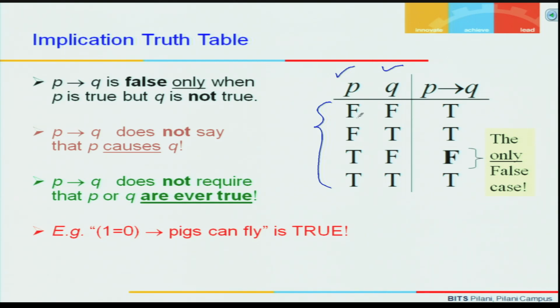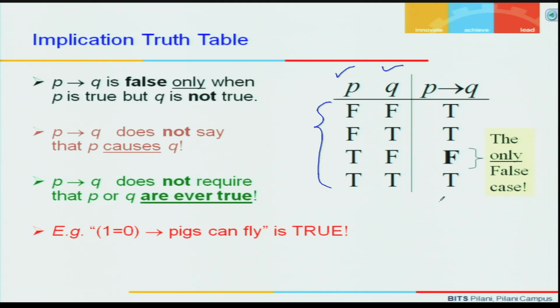Here it is defined like this: when P assumes false and Q assumes false, then P implies Q is defined as true. When P assumes false and Q assumes true, then P implies Q is defined as true. This is how it is defined.